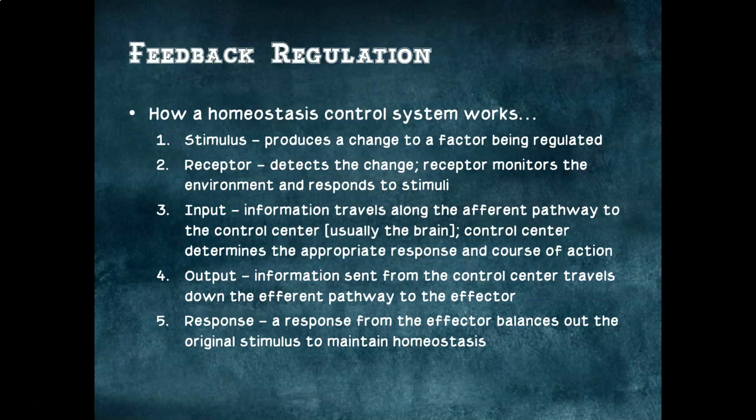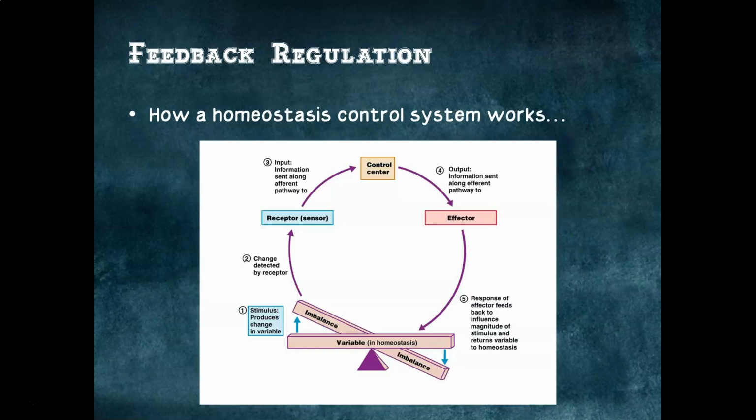That information then comes back through the output. So it's sent back through the central control system, travels down the efferent pathways to create some sort of effector, which ultimately becomes your response at the end to balance out that original stimulus, or to potentially push it forward, depending on whether we're talking positive or negative control systems at work here.